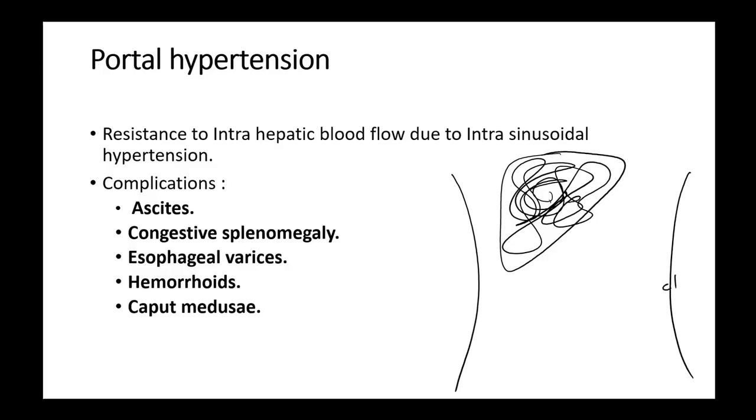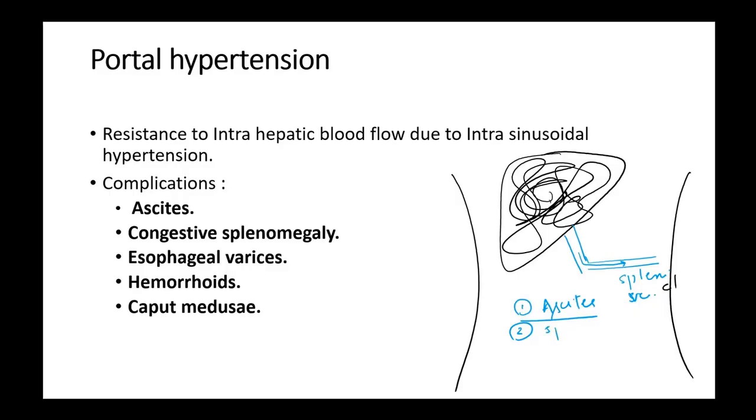So if blood is not moving forward, usually the venous blood will start accumulating. Number one, it will cause ascites. Because the portal vein is connected to the splenic vein, the pressure will move towards the spleen too.